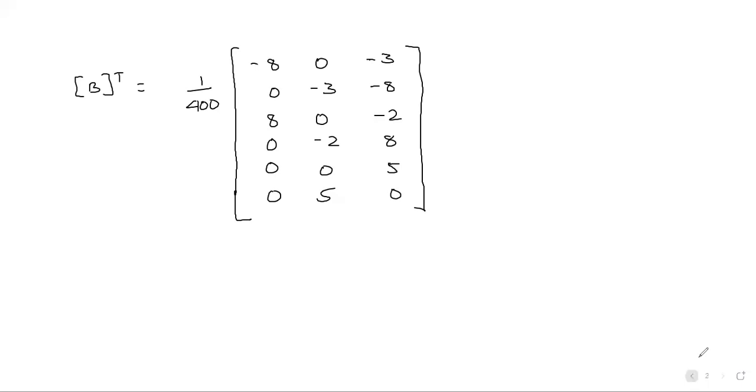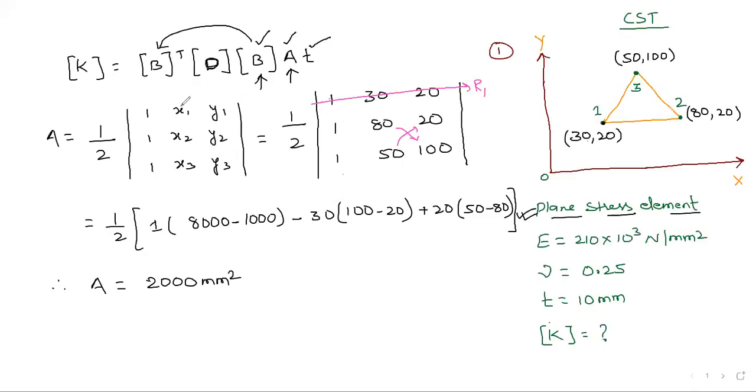Now, what is unknown for finding the stiffness matrix? The unknown is the D matrix. For the D matrix, we need to see whether the given problem is a plane stress problem or a plane strain problem. As soon as we come to the D matrix, we need to see the condition.